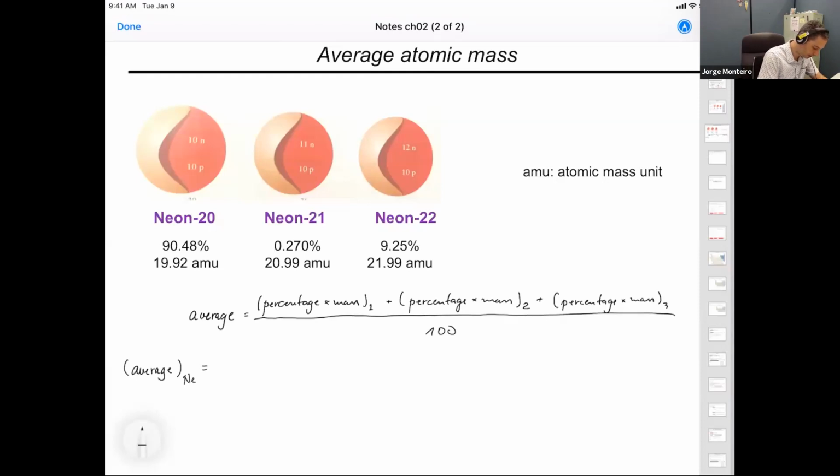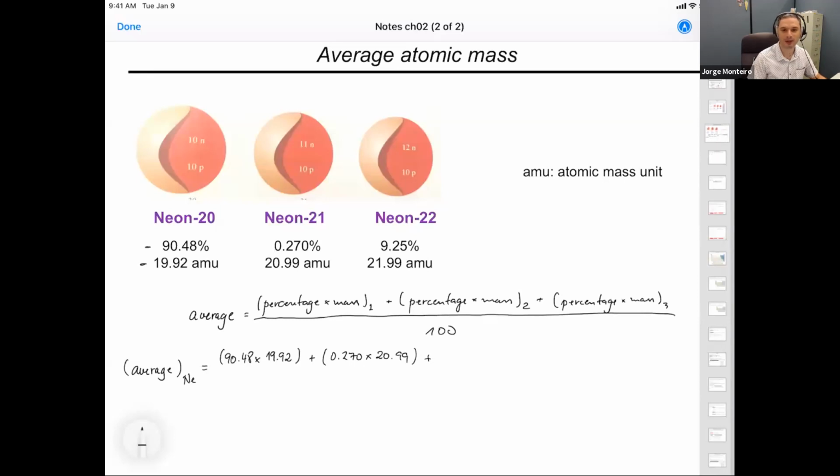So let's look here. Isotope number 1, the percentage is 90.48. The mass of this isotope is 19.92. We are going to add the percentage of the second isotope times its mass, 20.99.